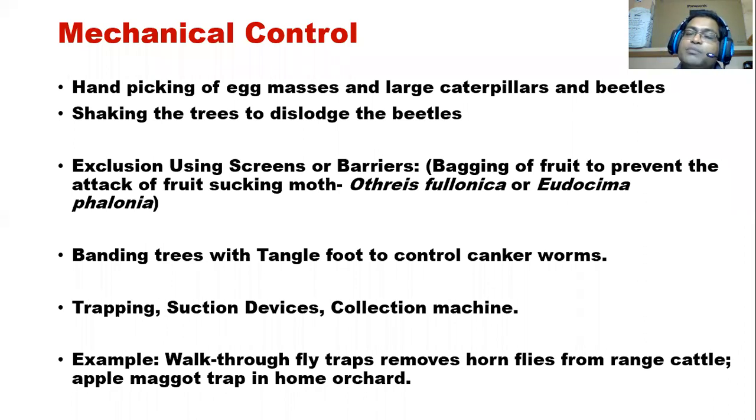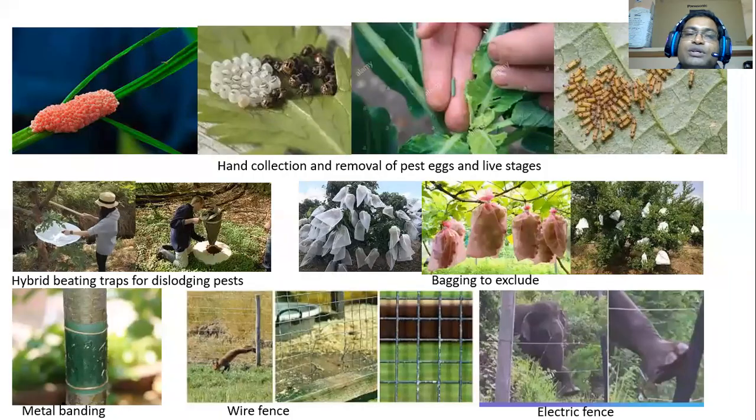Hand picking of egg masses, especially in the seedlings, I told you, right? If you are going through your field continuously for monitoring or scouting, and you identify the egg masses, you remove and burn or bury these egg masses, then you are reducing the pest load.